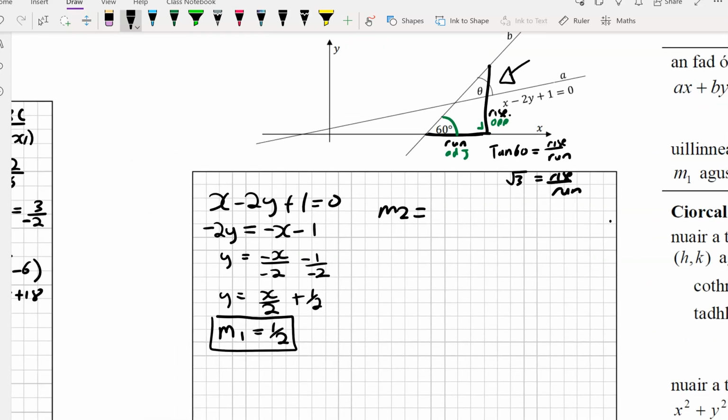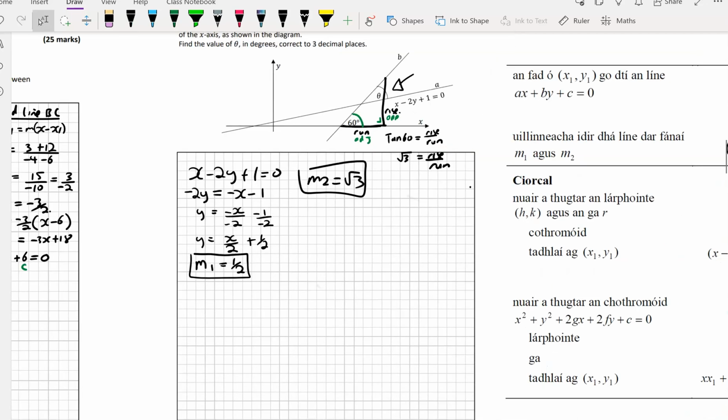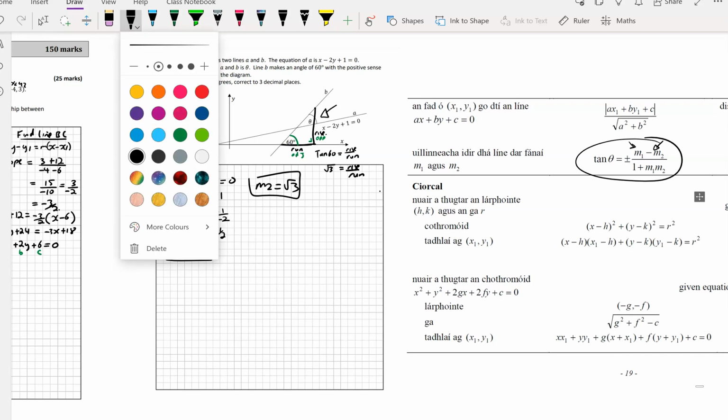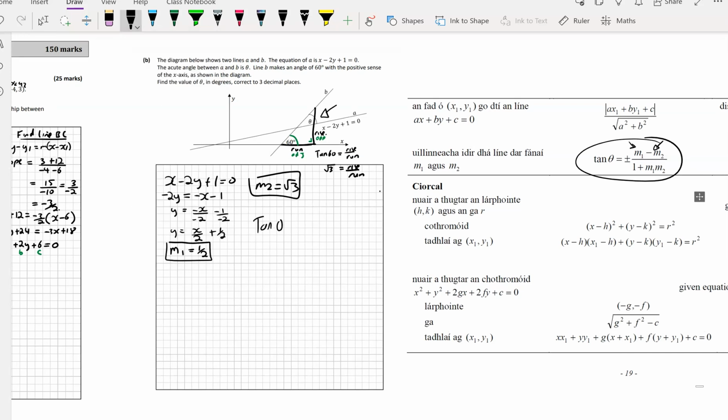So now I'm going to put all that into my formula. So my formula then is tan theta is equal to the positive or negative, I don't really care which one, m1 minus m2 over 1 plus m1 m2. Fill in my bits and pieces. So tan theta is equal to a half minus root 3 over 1 plus a half times root 3.